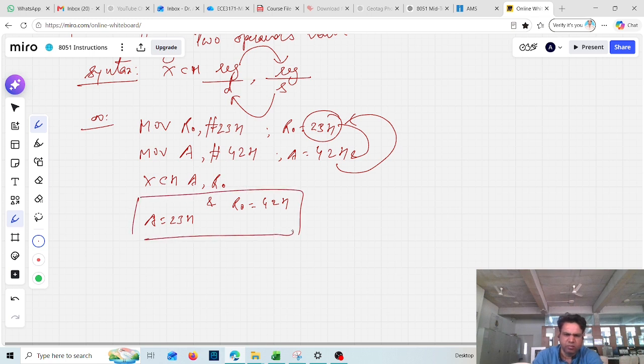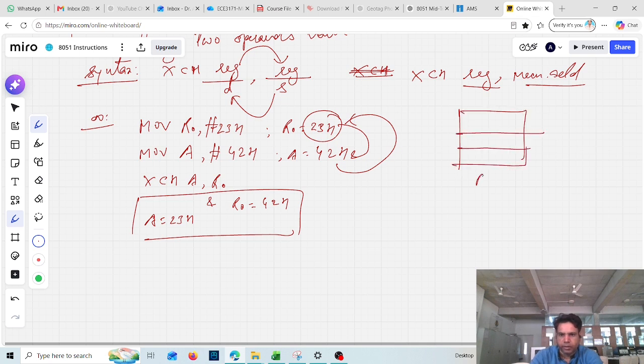So this instruction is quite easy. Another thing is that not only register values can be exchanged, we can also exchange with memory. Take this kind of instruction XCH: here you can have a register, and here you can have a memory address. Suppose this is your internal RAM.